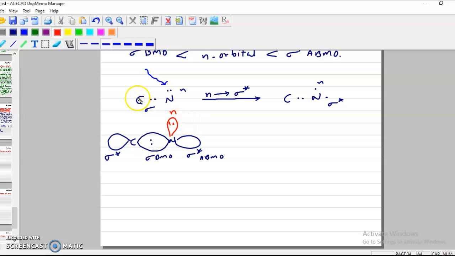Okay. Now, one of these electron of n orbital absorb ultraviolet radiations. Then transition takes place. Carbon and nitrogen has sigma bond. There are two electrons which remain as it is. Nitrogen has lone pair of electron.